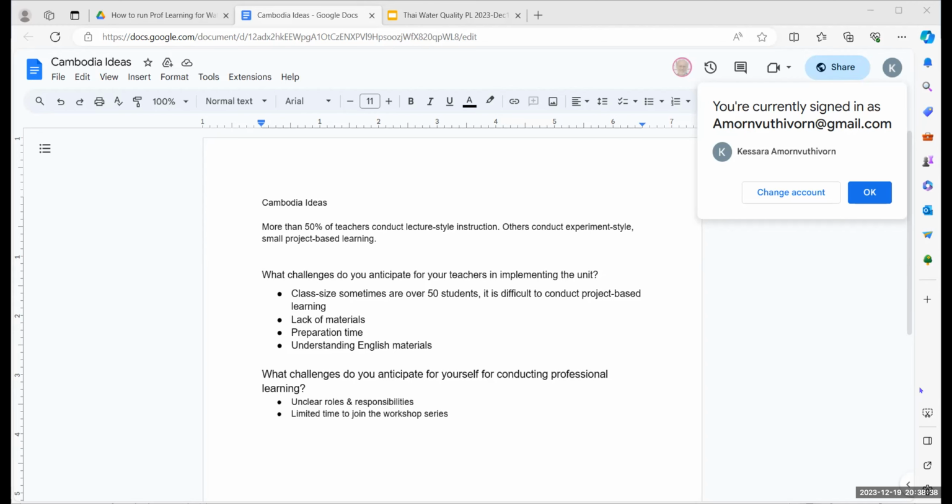As for the challenge for my group, there is a limit of time, and also in this group there is an unclear objective or unclear roles, so our group doesn't know what task we have to do as the next step.